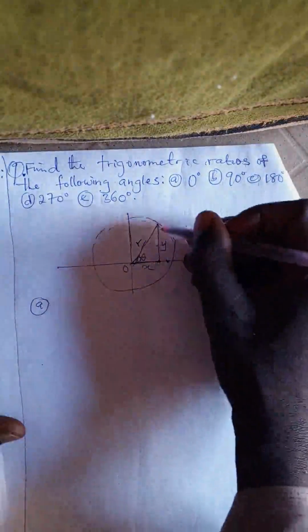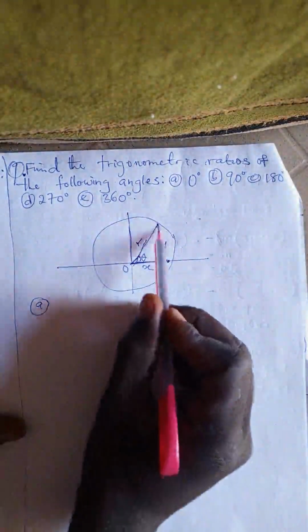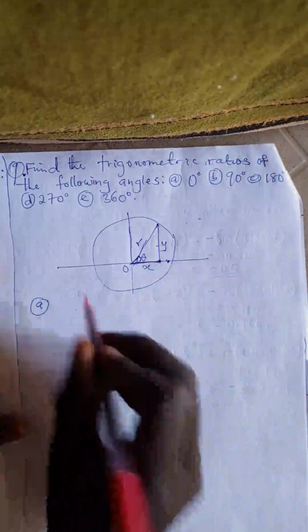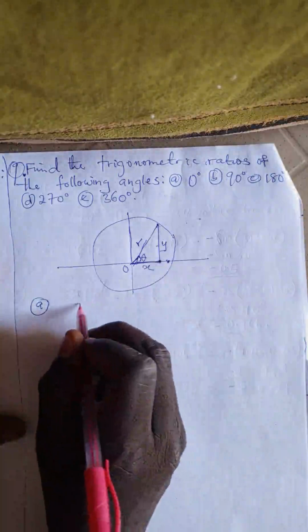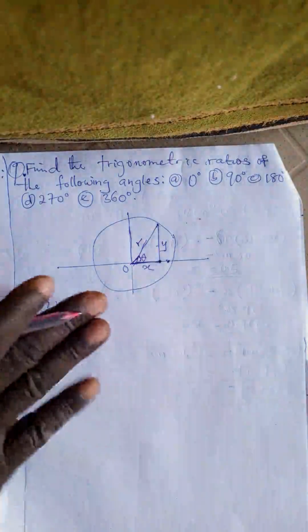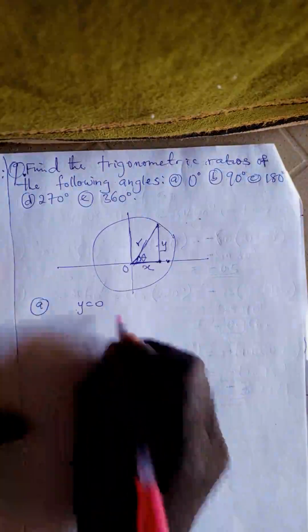When R matches the x-axis, definitely y will compress and become of length 0. Therefore, here y is equal to 0, because it will compress and submerge into the x-axis.